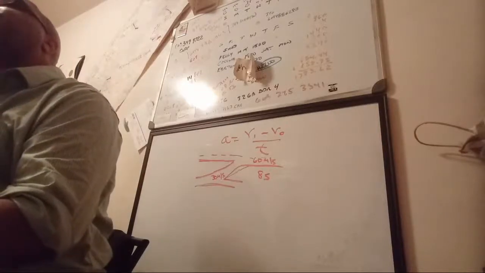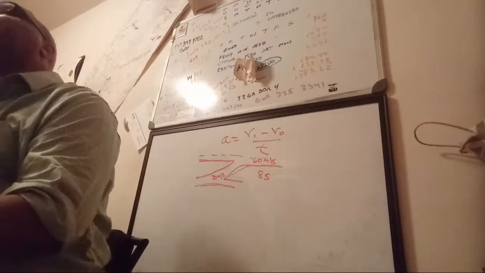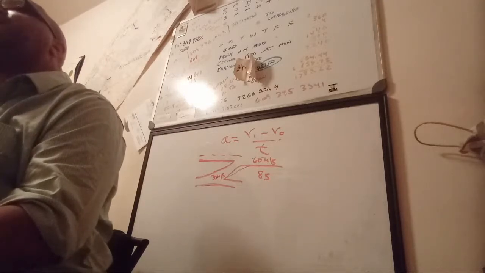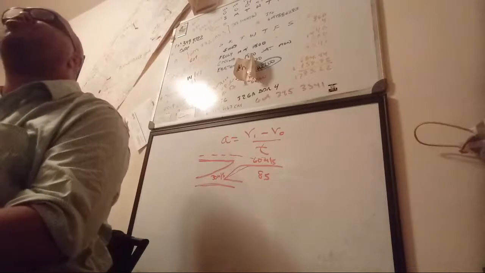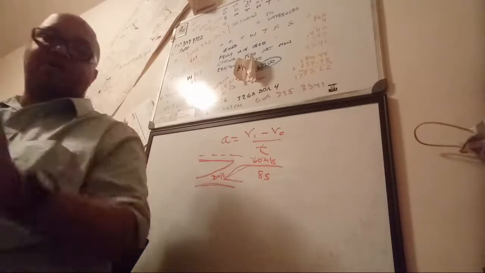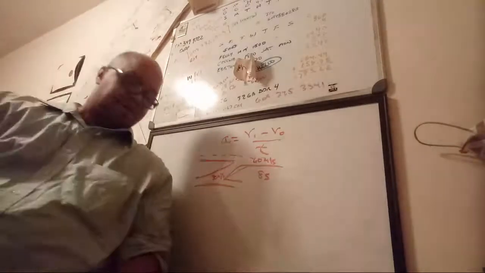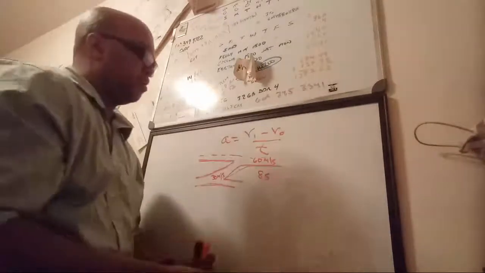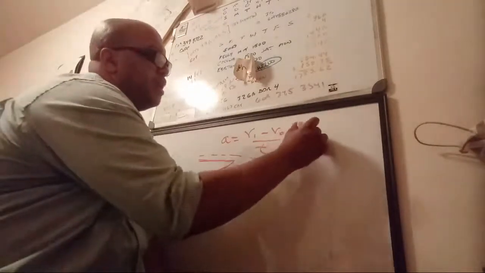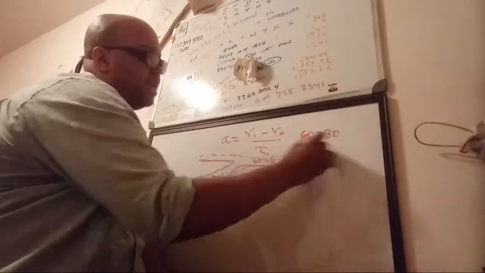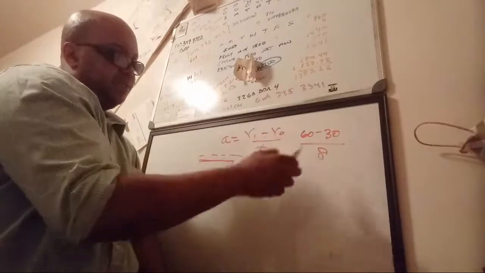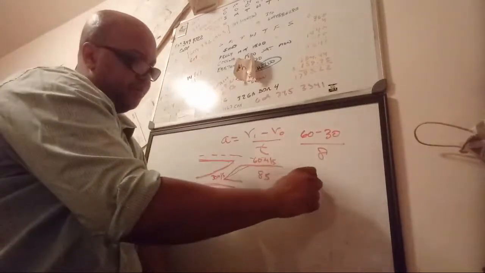I have 3.75 meters per second squared. And Noe is coming in with 3.75 meters per second squared. Always giving me my units. All right, final speed is 60. Initial speed is 30 meters per second. Divided by 8. 60 minus 30 will give us 30.